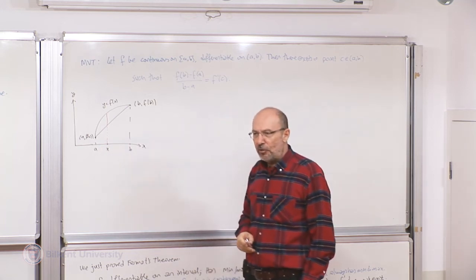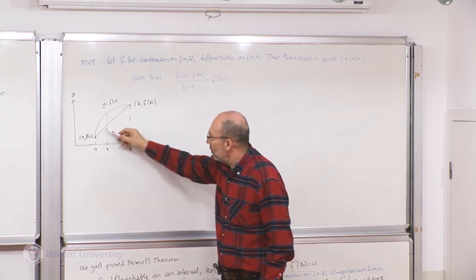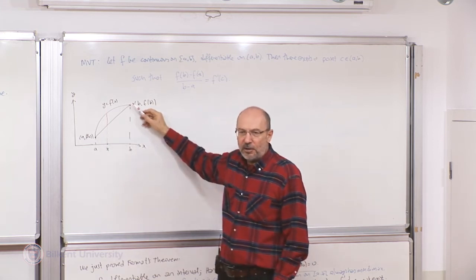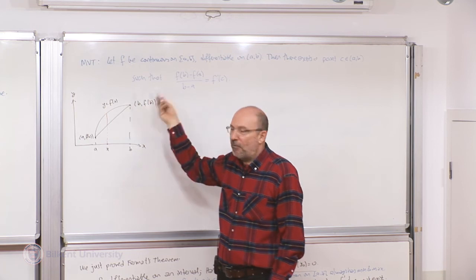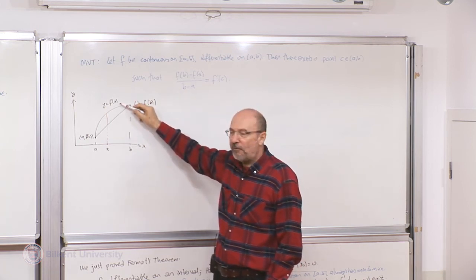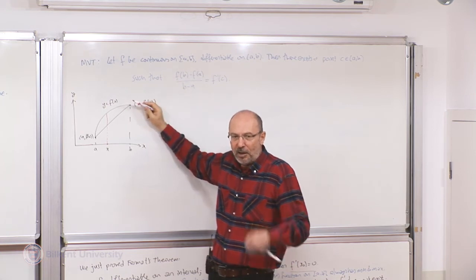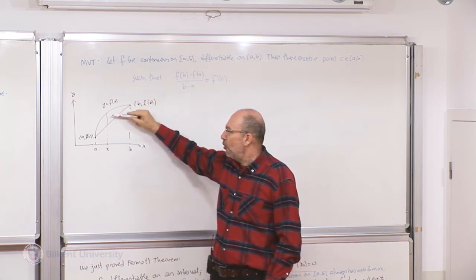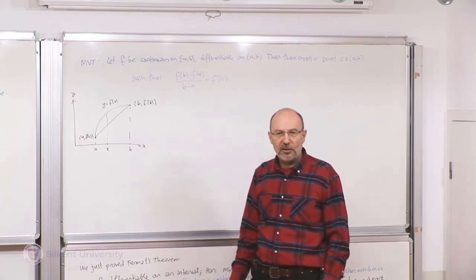Is this a continuous function? Well, this is a straight line. I'll write the equation of this. I know the slope of this. I know one point where it passes. It's a linear equation. It is continuous. f is continuous, given. I impose this. The difference of two continuous functions is a continuous function.